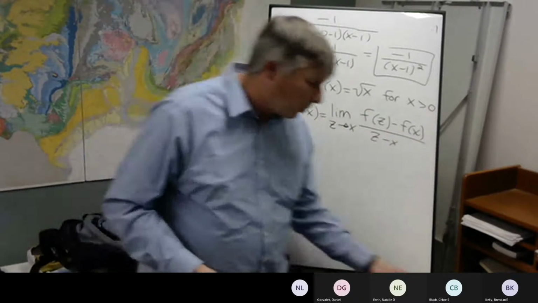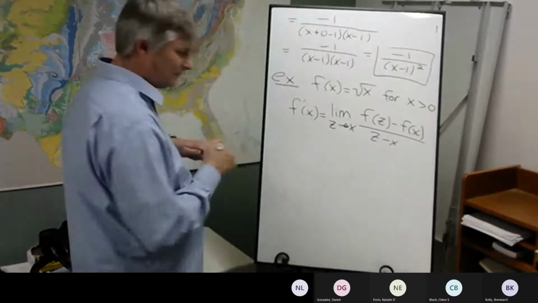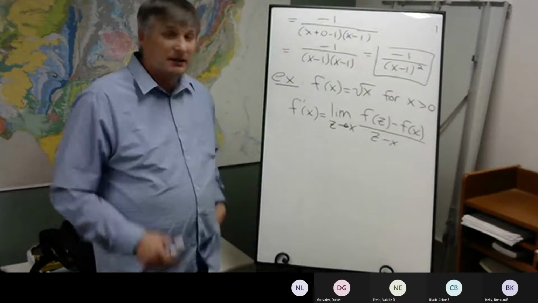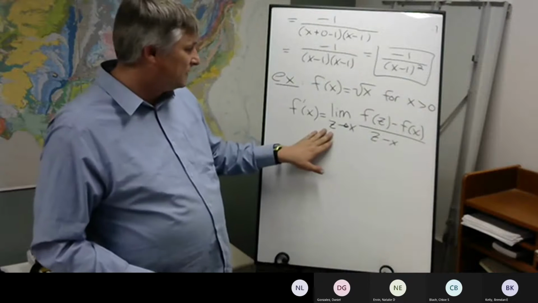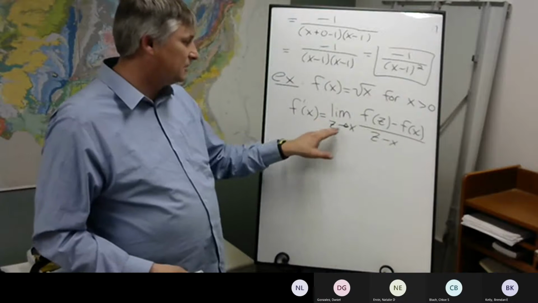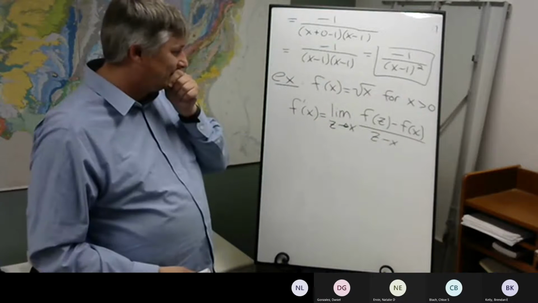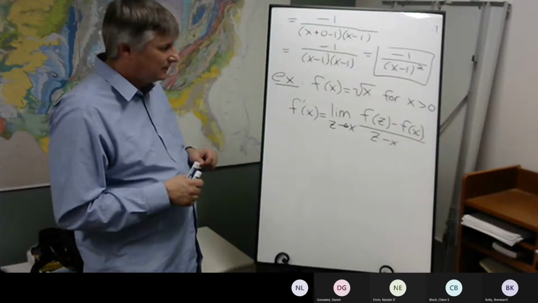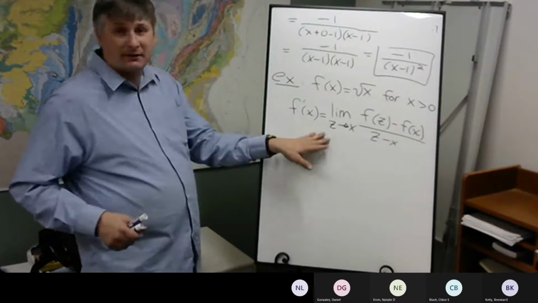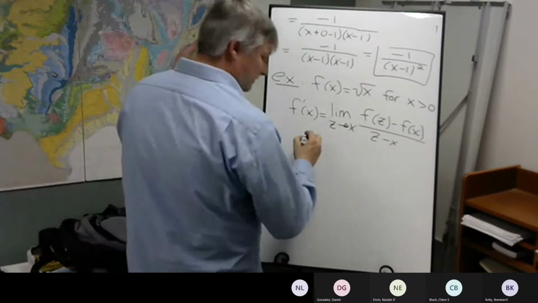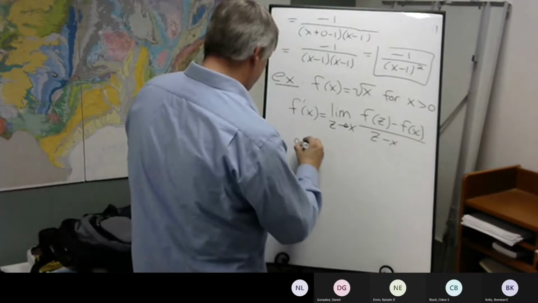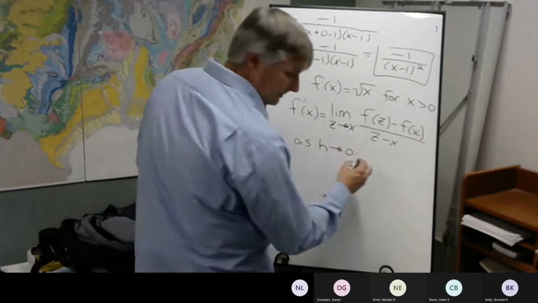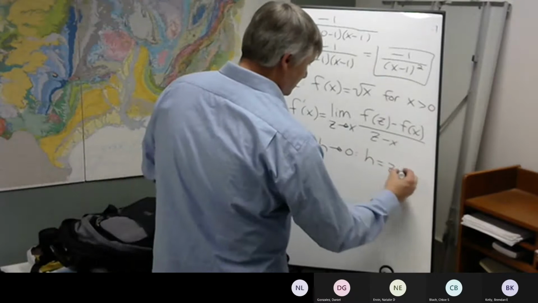And let me give a little explanation as to why we do that. Here, I'll wait a little bit just to give you some time to make that change in your notes. And again, this boxed formula, you're going to change h goes to 0 to z goes to x. Now, why do we write it like this? Well, if we take h goes to 0, keep in mind h was z minus x.